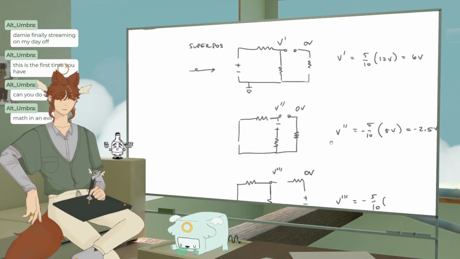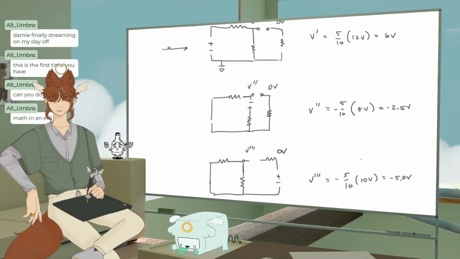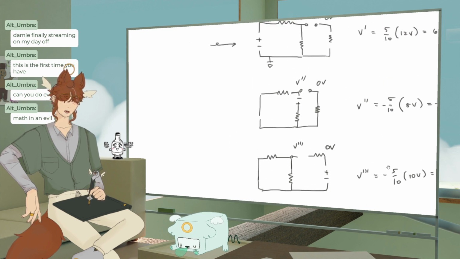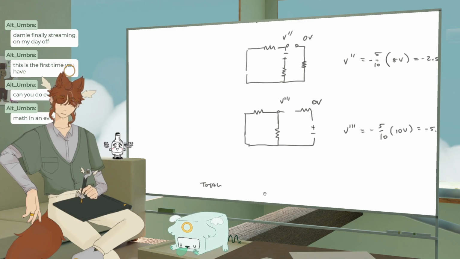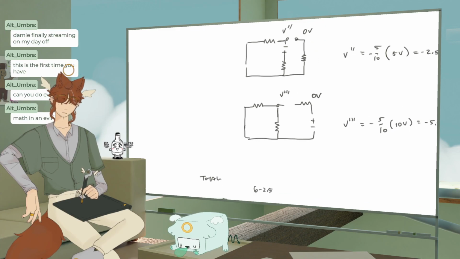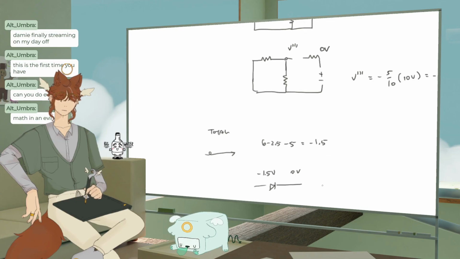VB's 10. Sorry, I was doing the math quickly in my head. I don't know. So then, total: 6 minus 2.5 minus 5 equals negative 1.5. We have negative 1.5 over here, and the diode is going this way. 0 volts. Not on.